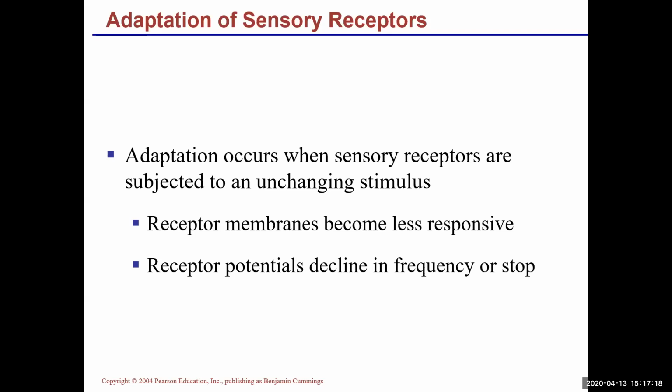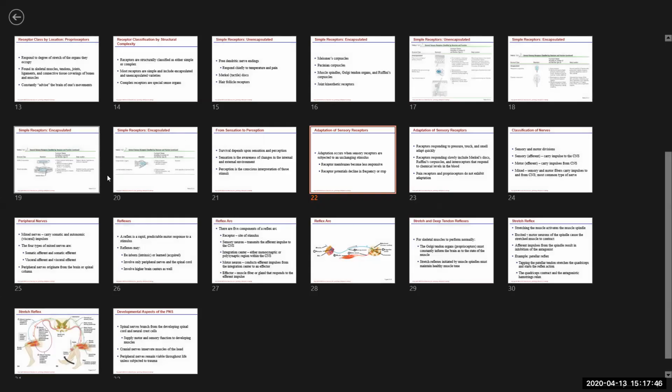So to understand this part, your receptors are being stimulated constantly, repeatedly, and then they become less responsive. Two of the receptors do not exhibit that much adaptation. One is nociceptors. Nociceptors happen to be for pain, and we discussed this earlier.